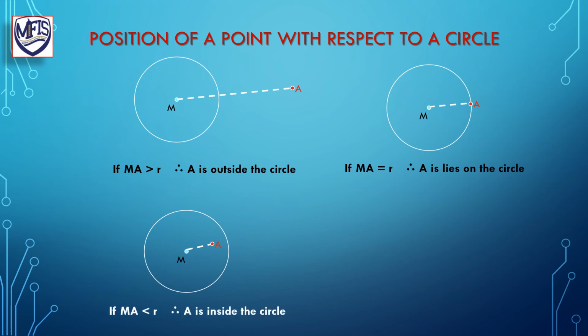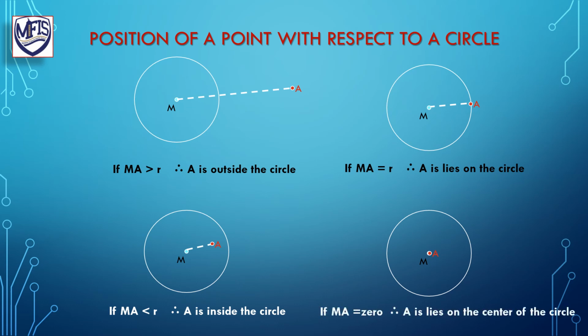The last position, number 4, if MA equals 0, therefore A lies on the center of the circle. That means if I want to determine the position of point with respect to a circle, I will compare between MA and the radius.